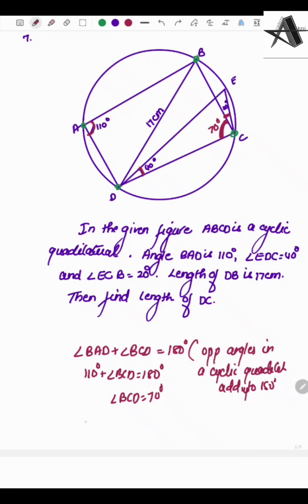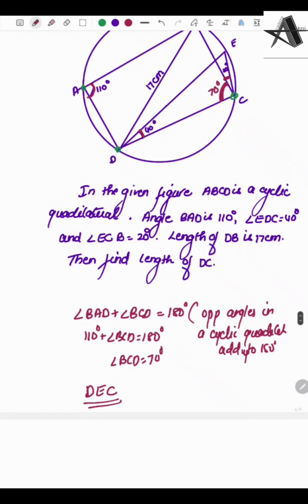In triangle DEC, we have 40 degrees. I'm just focusing on this maroon triangle only, triangle DEC. 70 degrees was this angle and 20 is already mentioned.